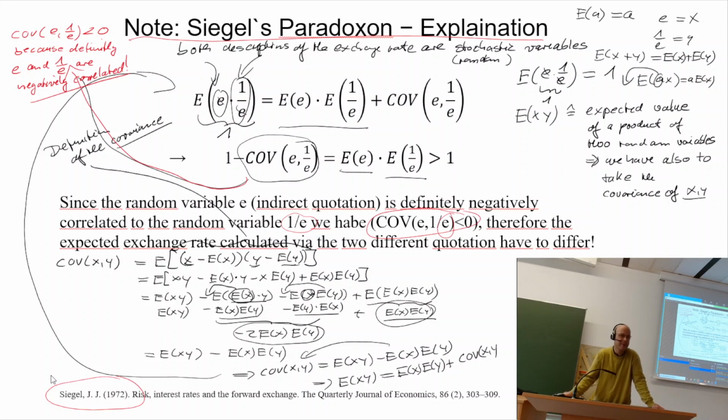This is a very famous paper. Jeremy Siegel is also a very well-known American economist, not only in the United States. He is professor, I think, at the University of Pennsylvania, and he is also running some investment firm or something like this, and in his investment strategies he is also quite successful.